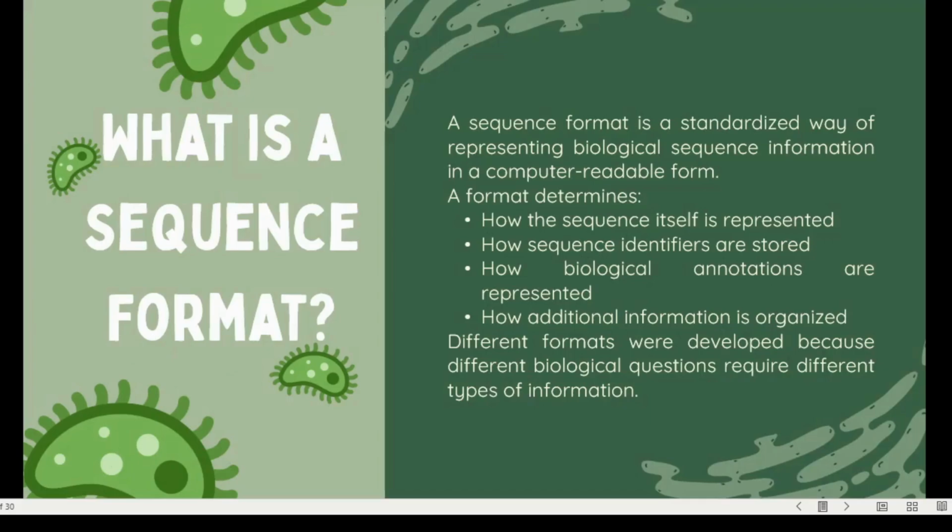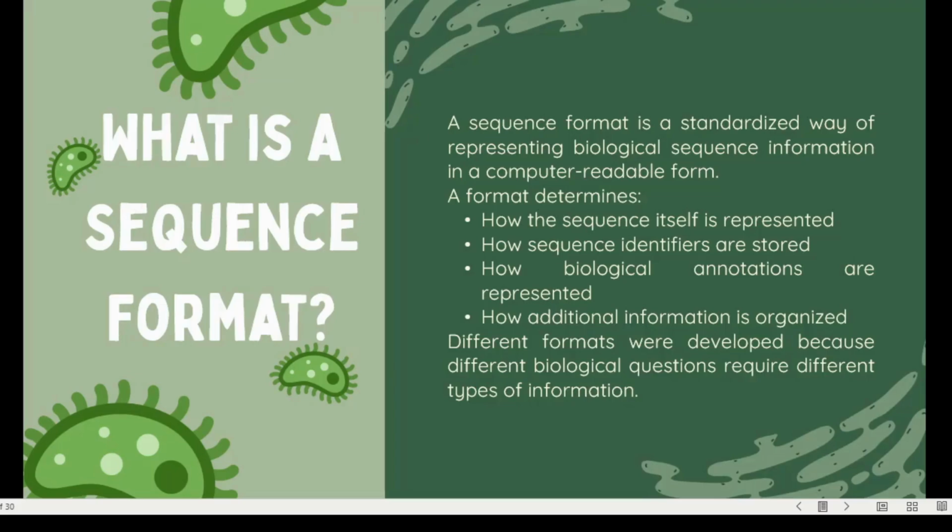Now, what is a sequence format? A sequence format is a standardized way of representing biological sequence information in a computer-readable form. A format determines how the sequence itself is represented, how sequence identifiers are stored, how biological annotations are represented, and how additional information is organized.